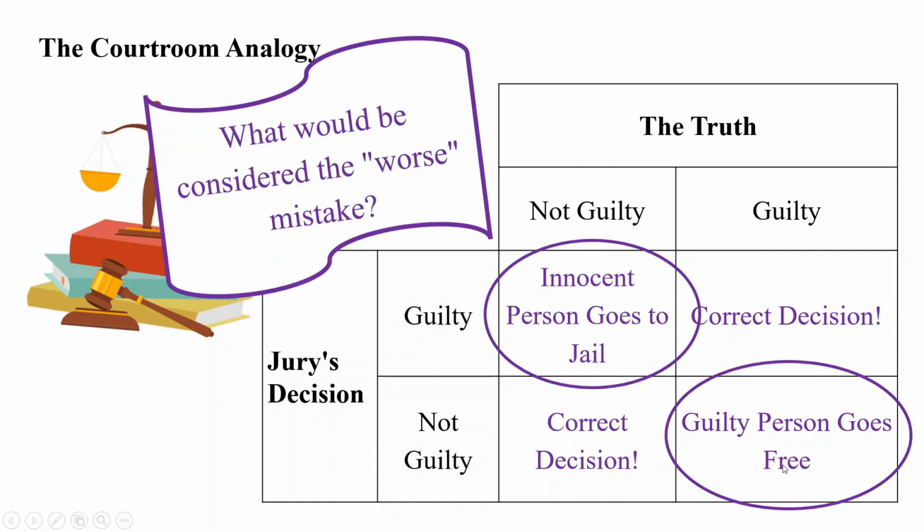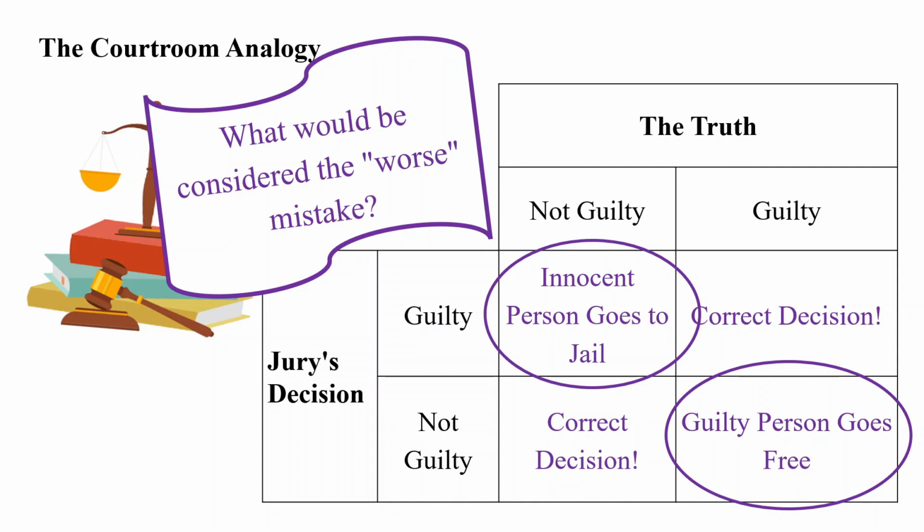In this situation, we actually have to make this decision with significance tests. Now, if I look at these two errors leading into significance tests, what would be considered the quote-unquote worst mistake? What would be the worst error to make? This is a conversation we usually have in class, and a lot of students come to the conclusion, it depends on the crime, right?